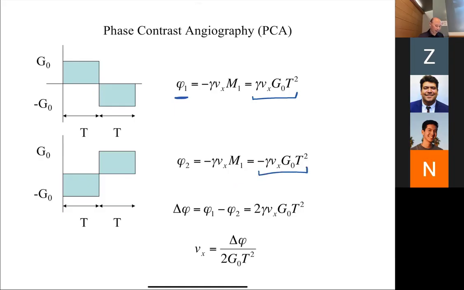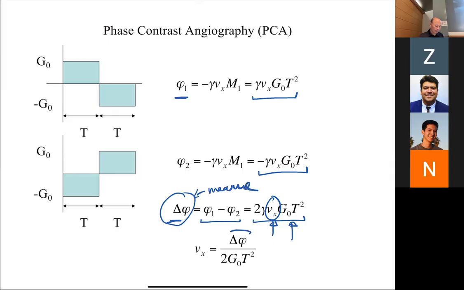If you take the difference of those two phases, it subtracts out background effects, and you get this phase here. The main thing is you can always relate your delta phase to your velocity and some first order moment, and then you solve for the velocity. So we're going to measure the phase, we're going to measure this.